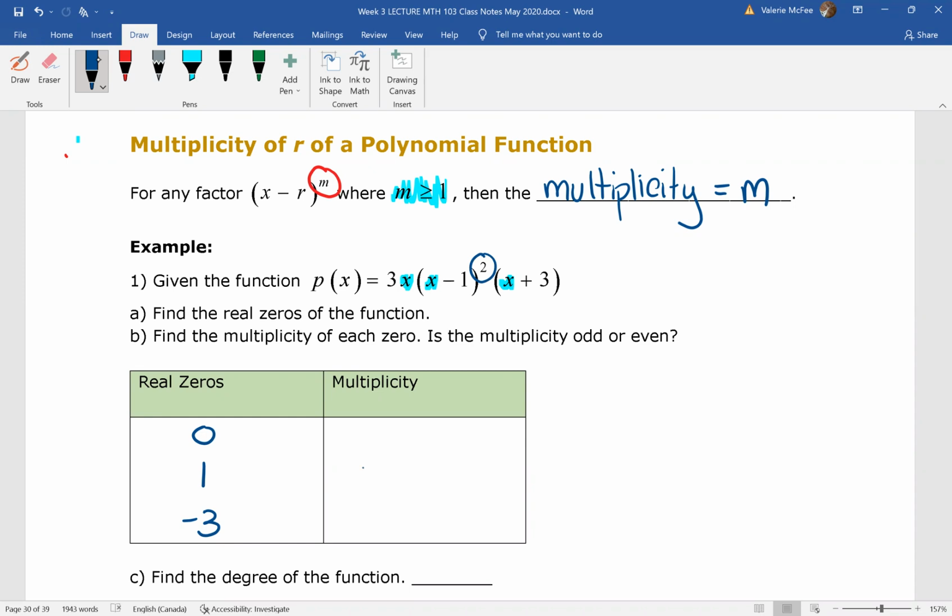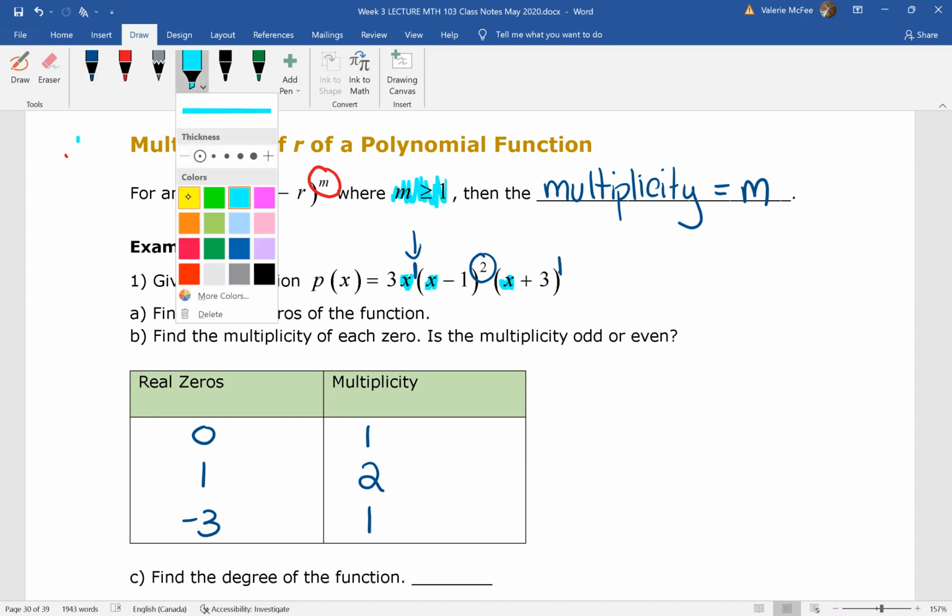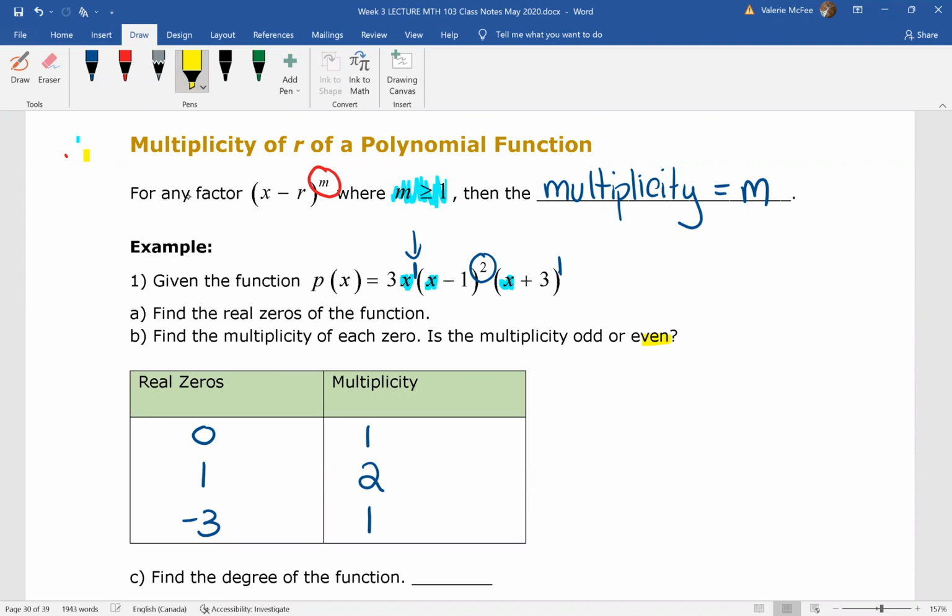I see it has a multiplicity of 2. But what about here? The multiplicity of 1 here as well. What we're most interested in is whether or not the multiplicity is odd or even. We see here in this example that 2 of them were odd and 1 was even.